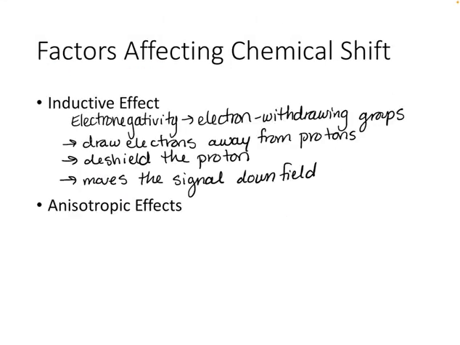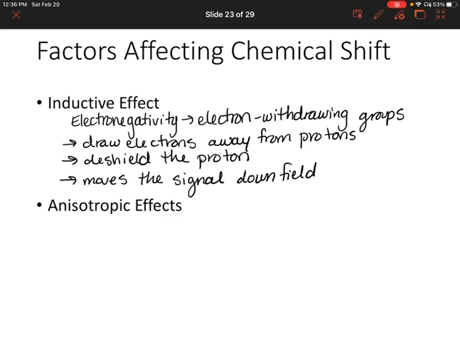Now let's talk about these anisotropic effects. This has to do with double bonds. All right, so let's talk about a benzene ring, for instance. A benzene ring, remember, has double bonds.